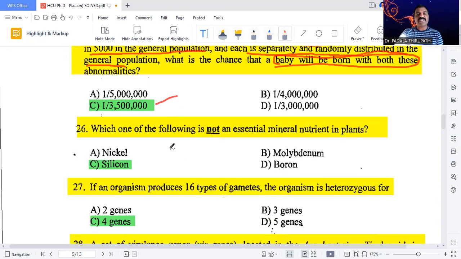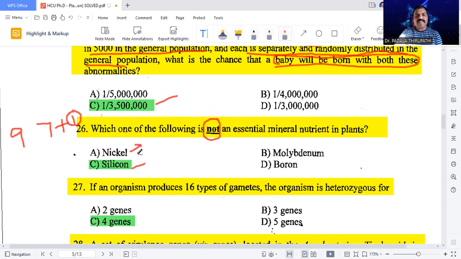And which of the following is not an essential mineral nutrient in plants? Silicon. So silicon is not an essential nutrient in plants. Nine elements are macronutrients and 7 elements are micronutrients. Along with the 7, the eighth micronutrient is nickel.